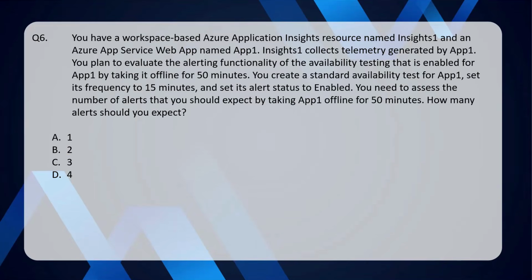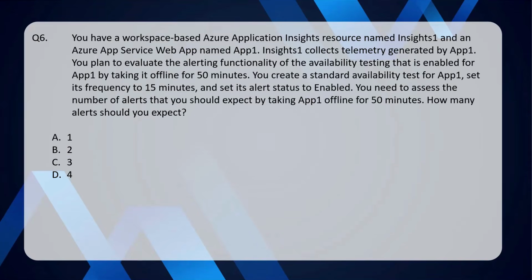You create a standard availability test for App 1, set its frequency to 15 minutes, and set its alert status to enabled. You need to assess the number of alerts that you would expect by taking App 1 offline for 50 minutes. How many alerts should you expect? Your options are 1, 2, 3, and 4.